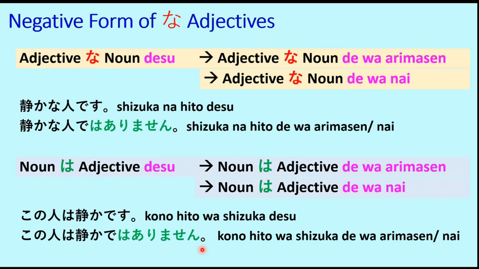That means this person is quiet. The negative form becomes kono hito wa shizuka dewa arimasen, or kono hito wa shizuka dewa nai, or kono hito wa shizuka ja nai, or ja arimasen. In this way we can translate the na adjectives to their negative forms.